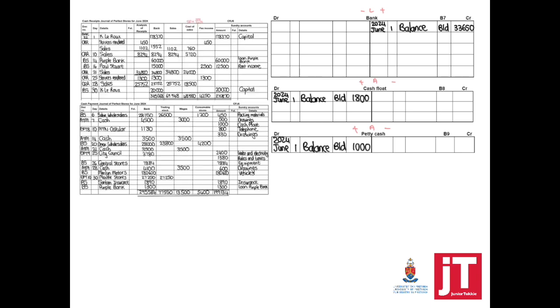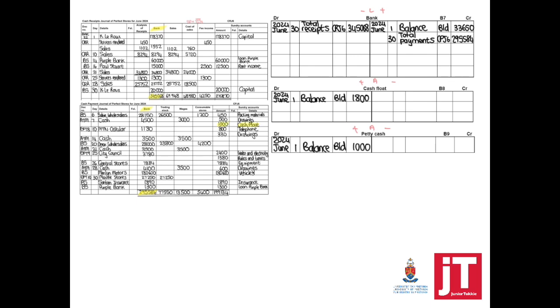Posting from the journals. From the cash receipts journal, bank will always be debited, and my details, total receipts. From the cash payment journal, bank will always be credited, and my details, total payments.